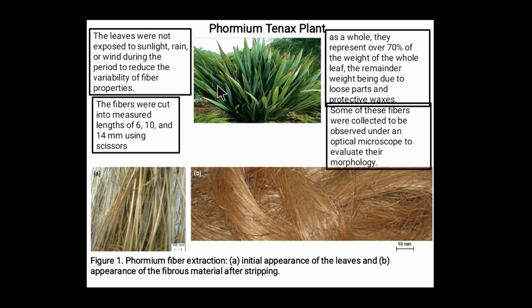They were immersed straight in a container of water with a capacity of approximately 20 liters, filled with tap water, for 30 to 40 days for extracting the fiber from the leaf. These leaves were not exposed to sunlight, rain, or wind during the period, to reduce the variability of the fiber properties.